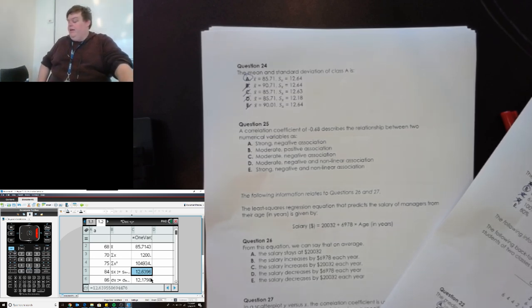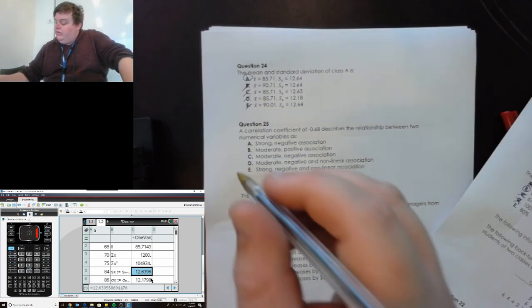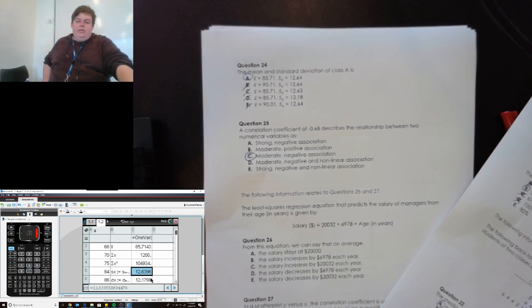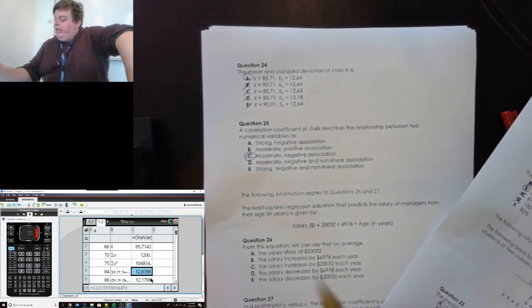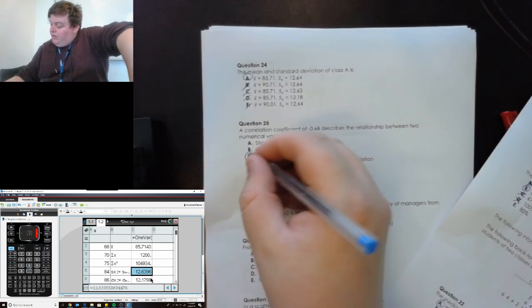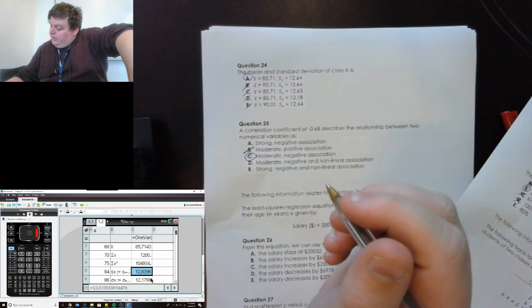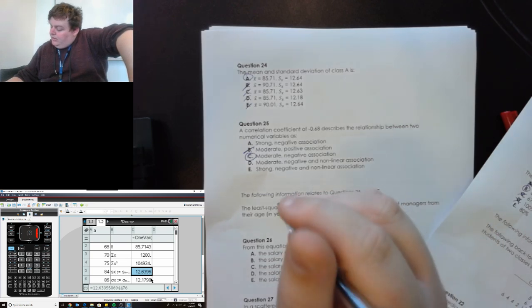If you do have that table, you would know that a negative 0.68 would describe a moderate negative association. So that's this one here. Even if you didn't know that, you can start to rule out questions. It's definitely not positive, and you would assume that it's linear.